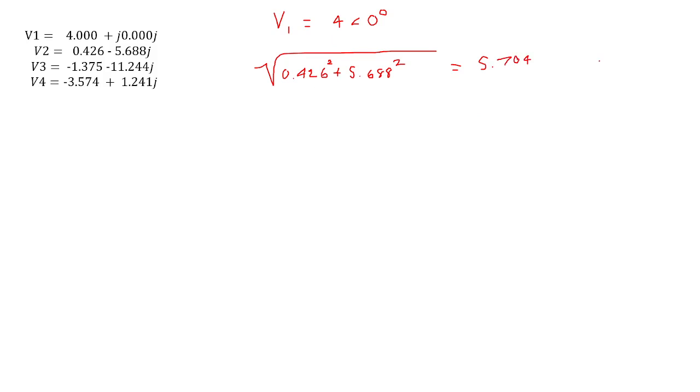Okay. We would like our angle. So to get the angle, we're going to take the arctangent of imaginary over real. So since the imaginary part is negative 5.688, and the real part is 0.426, then if we calculate that out, what did I get?